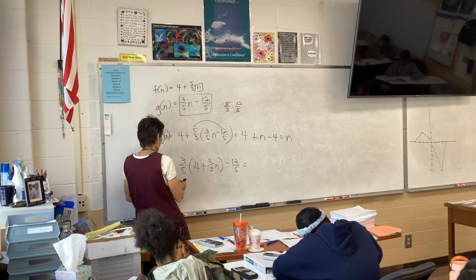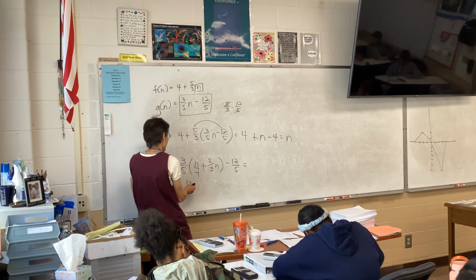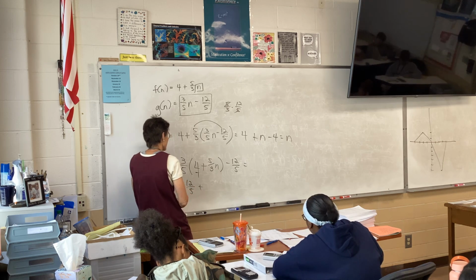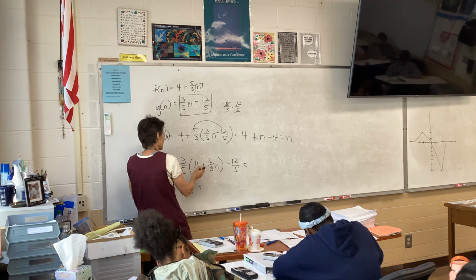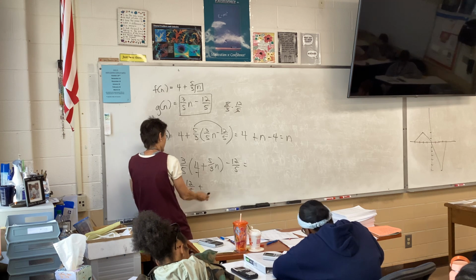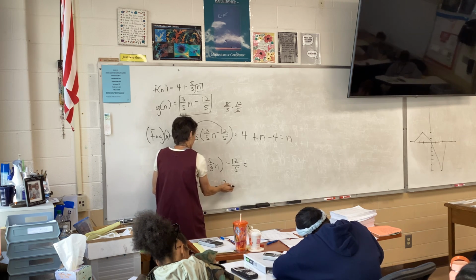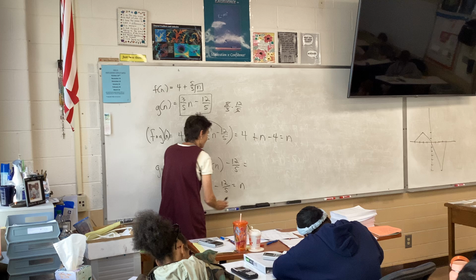Alright, so let's distribute. What's 3/5 times 4 over 1? 12 over 5. Plus, what's 3/5 times 5/3? Did that one work out? Yeah. It sure did.